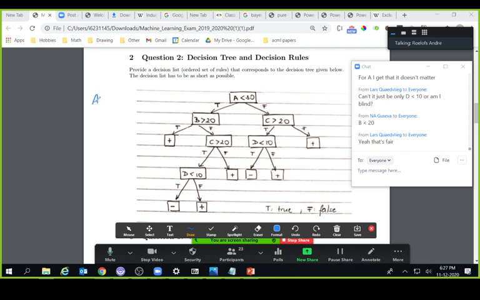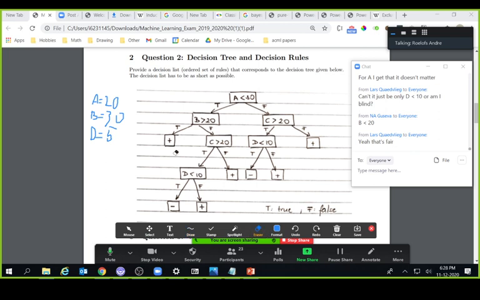I mean, this is not a good question to answer, but let's say that A is 20, B is 30, and D is 5, right? So okay, let's see what we're gonna get. We're gonna get already plus here, right? Because we're just gonna go immediately through this path, and we get a plus. We get a positive example.